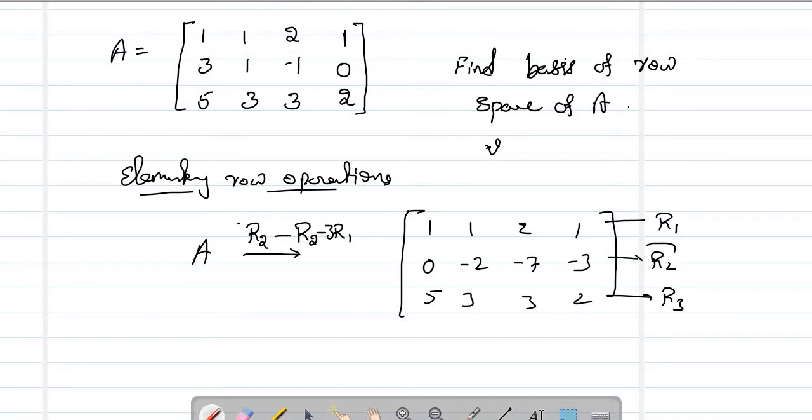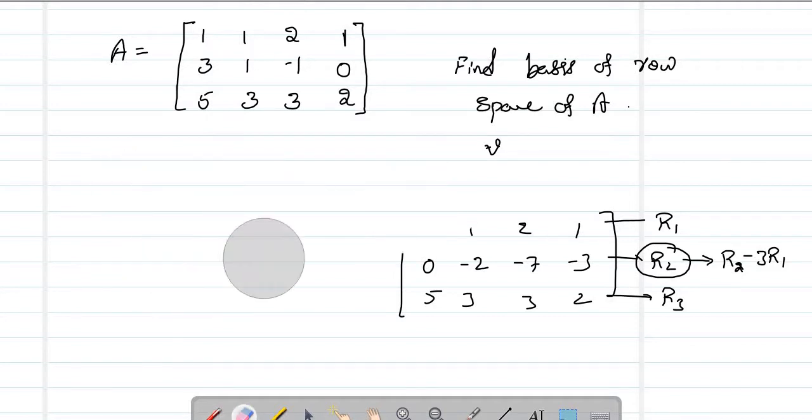Now you replace the second row with R2 minus 3R1. Even if you do that, there will be no change in the row space. The space generated by R1, R2, R3 will be the same as the space generated by R1, R2 minus 3R1 and R3. So elementary row operations will not change the row space.